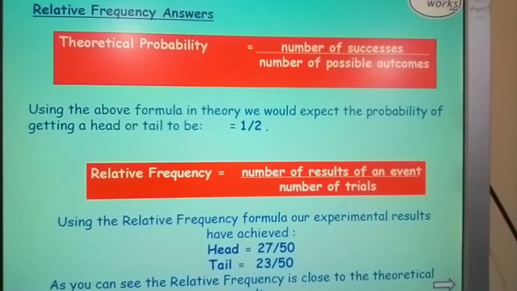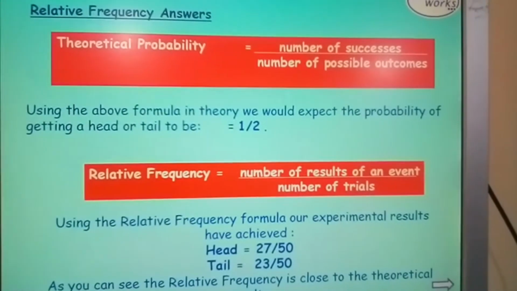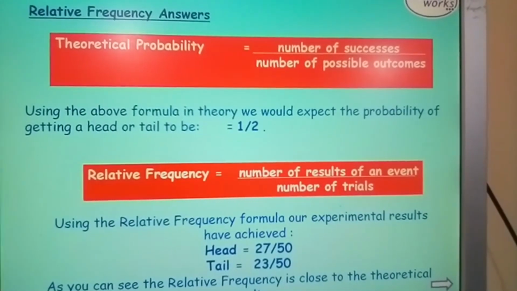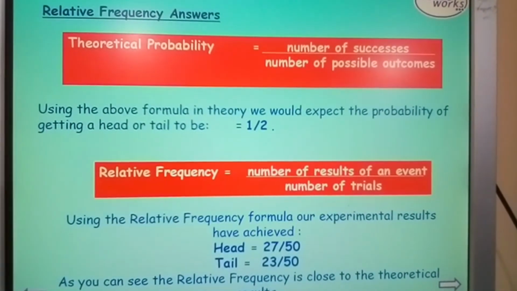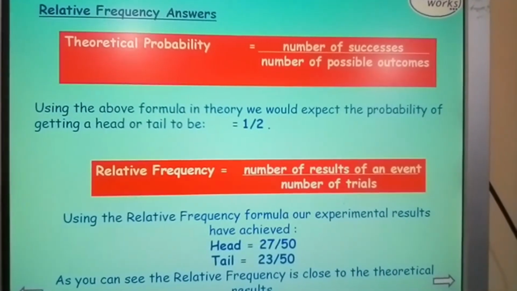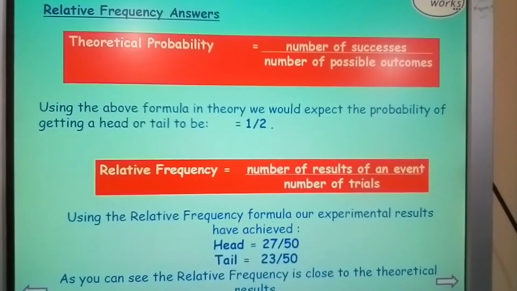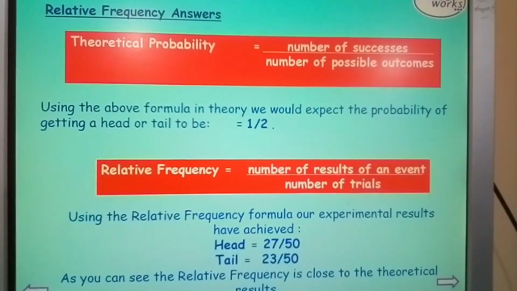Using the relative frequency formula, our experimental results have achieved head equal 27 over 50 and tail equal 23 over 50. So you can see it's not quite 50-50, is it? As you can see, the relative frequency is close to the theoretical results.